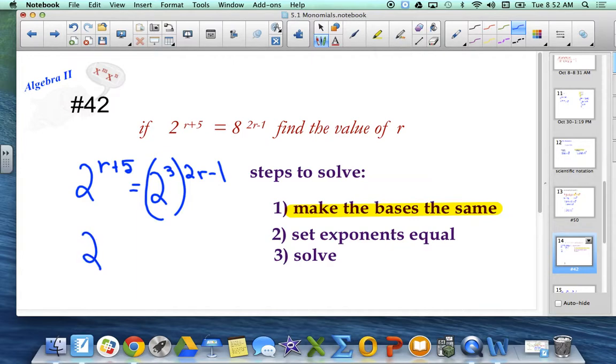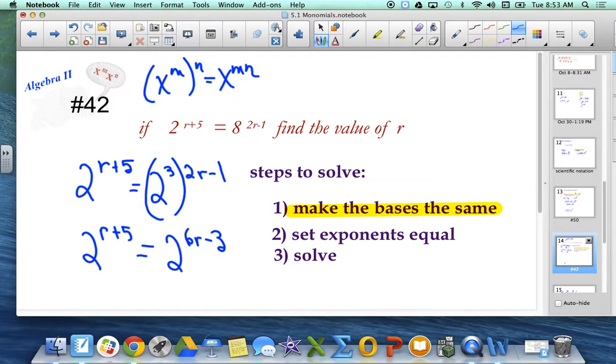So then we have r plus 5 for the exponent for 2 there. But what does the rule tell us to do with our exponents here? Multiply them. This is the rule we're using. The rule tells you to multiply them. Okay, so we get 6r minus 3. As we're multiplying these together.